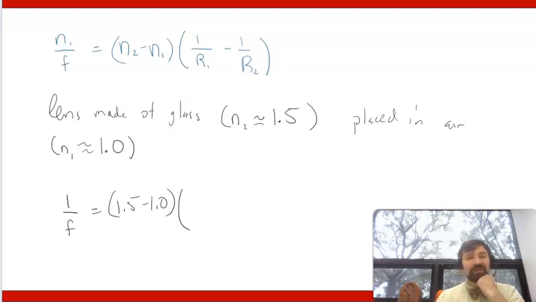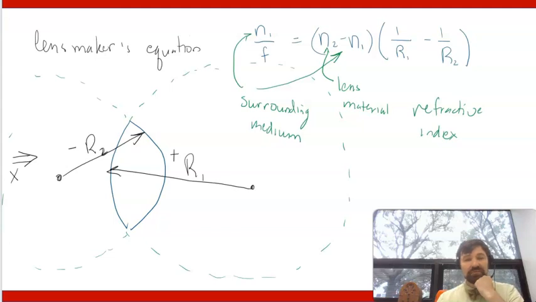So maybe R1 equals R2 equals, let's say, 25 centimeters of curvature. And it's what we call biconvex. So biconvex basically just looks like this blue lens that I've drawn here.